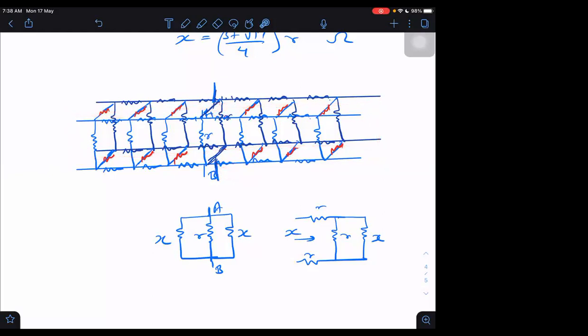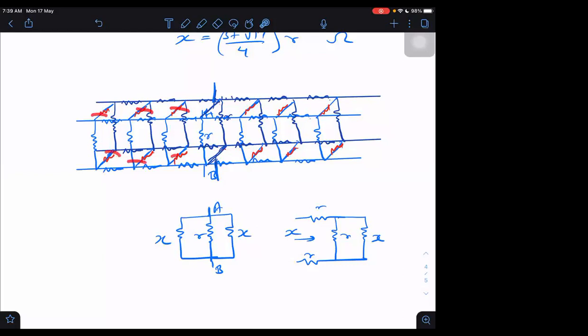When the nodes on the mirror are not at same potential, then object and the corresponding image nodes will be at same potential. And if they are at same potential, then these resistances which are connected in between can all be safely removed. Is that clear? These all can be removed.